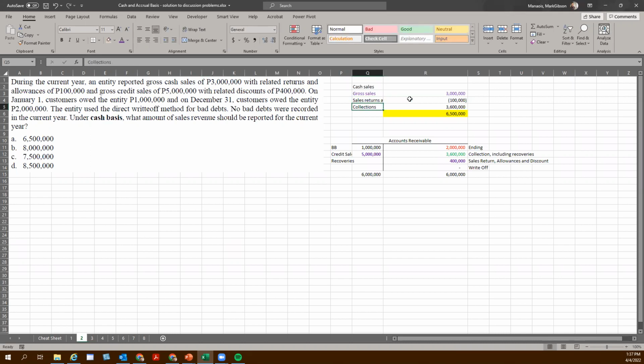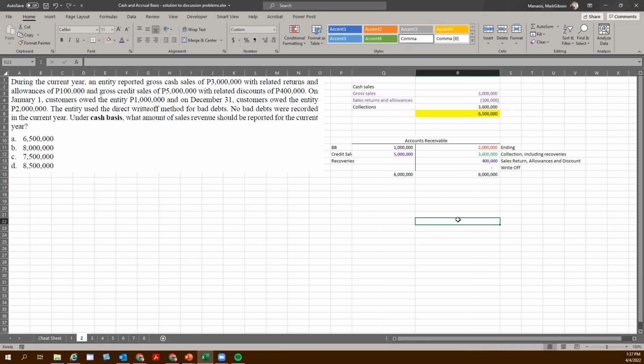So that's 100,000. Again, that's given. So we saw: reported gross sales of 3 million with related returns and allowances of 100,000. What we are looking for is cash basis. So we just have to plug these two in. Now that we have these two, we need the collections.